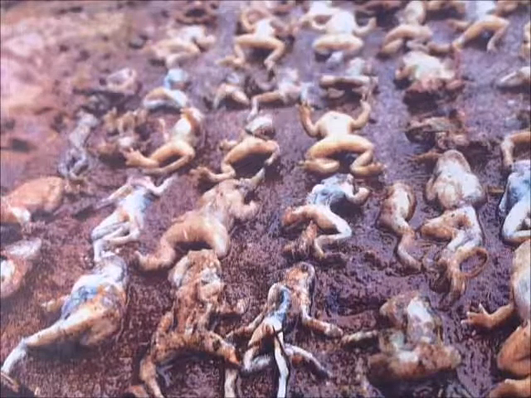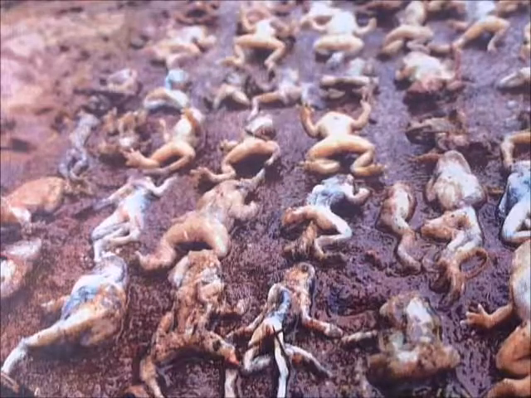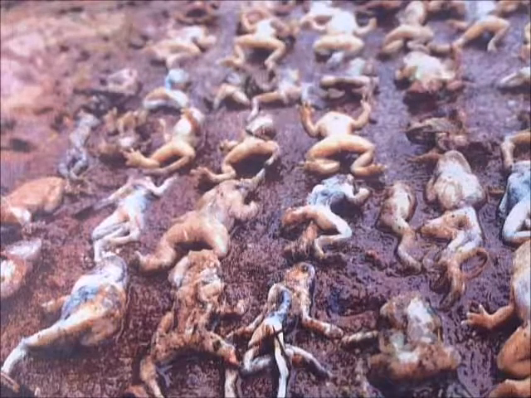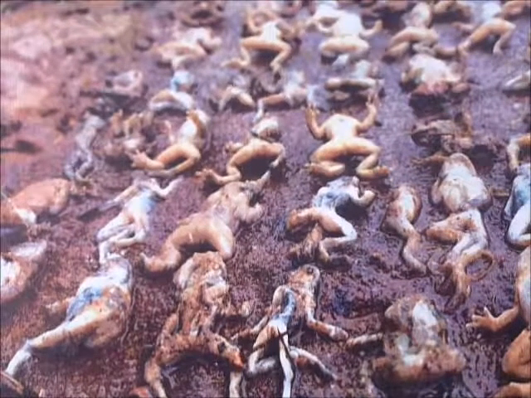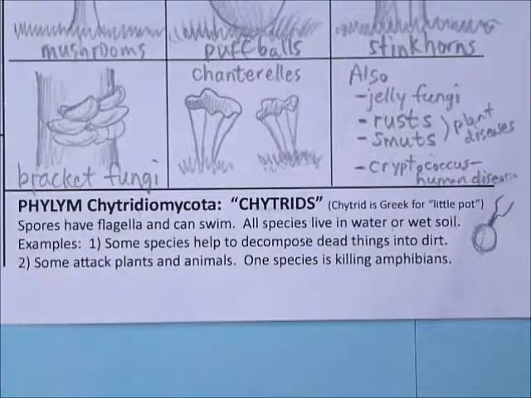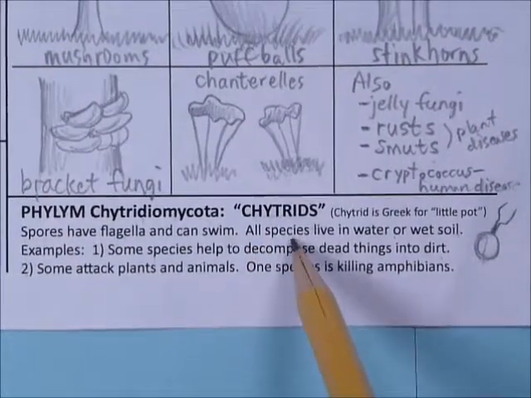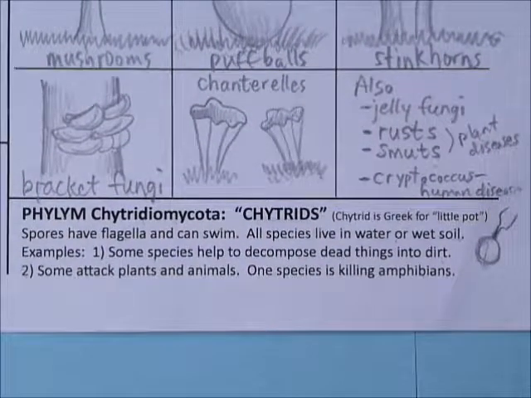And so they're working very hard to find a way to get rid of this fungus. And then if the fungus disappears, then they can reintroduce the frogs back into the rainforest again. So there's active research going on. But anyway, so that's why these chytrids are famous. They're famous for being frog killers.